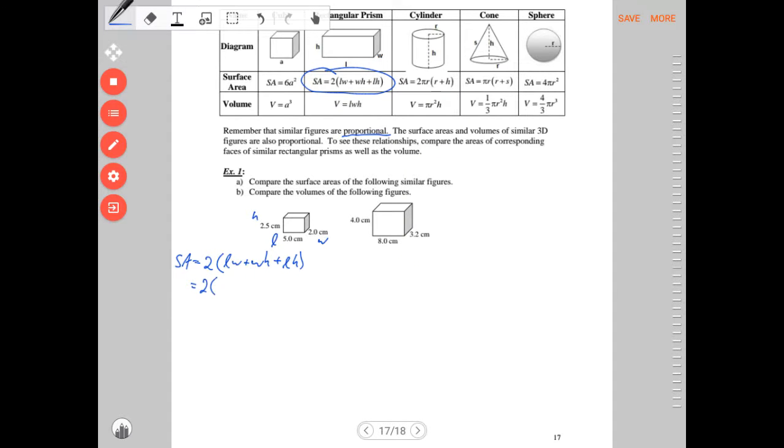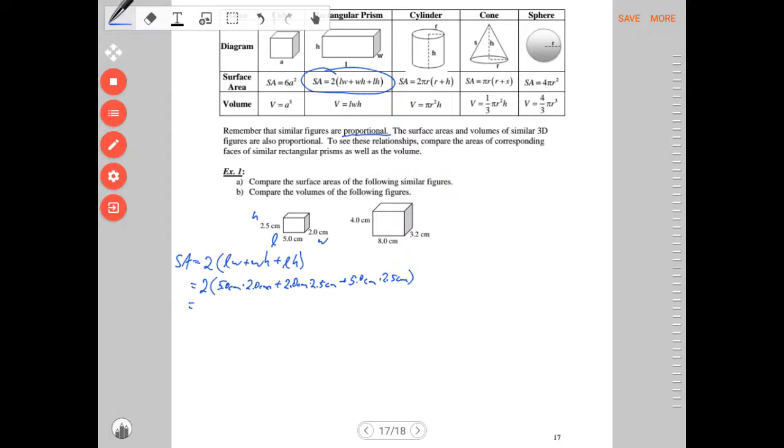The length is 5.0 centimeters, the width is 2.0 centimeters, and that dot I'm putting there is a times. Times the height, which is 2.5 centimeters, plus the length times the height, so 5.0 centimeters times 2.5 centimeters.